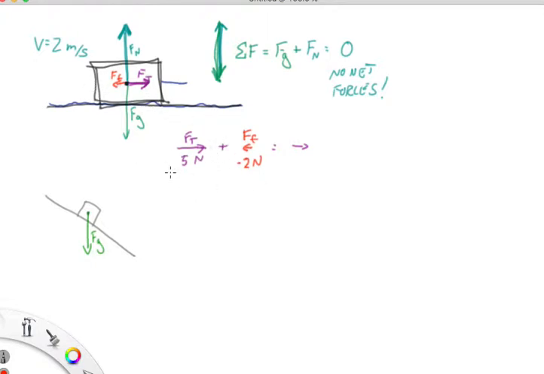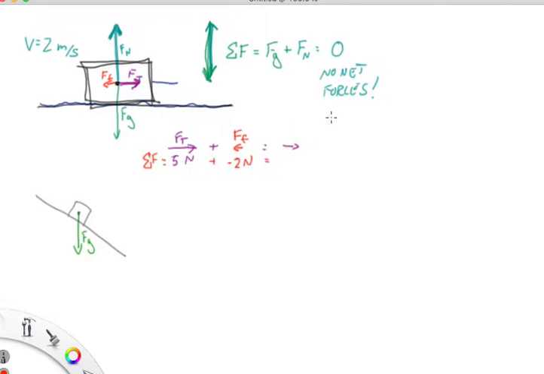So if you add these two together, the sum of all the forces, that's what that little sigma means, the sum of all the forces, 5 plus -2, overall we're going to have a 3 newton force in the right direction. So our overall force is 3 newtons to the right.